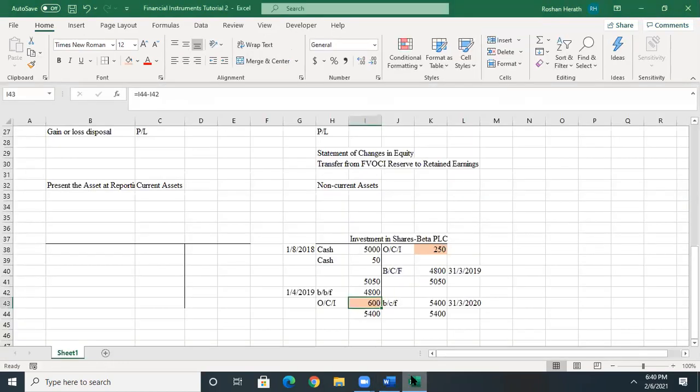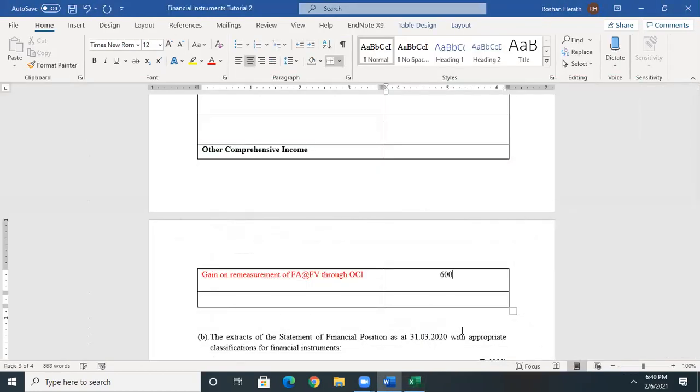Since we have only one kind of asset, we can take it like that. It's 600.